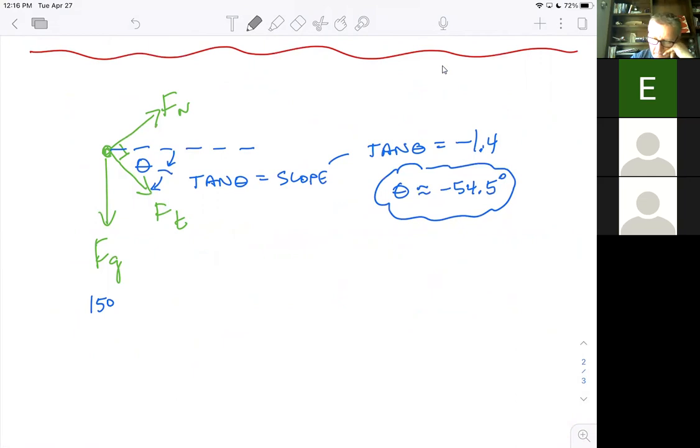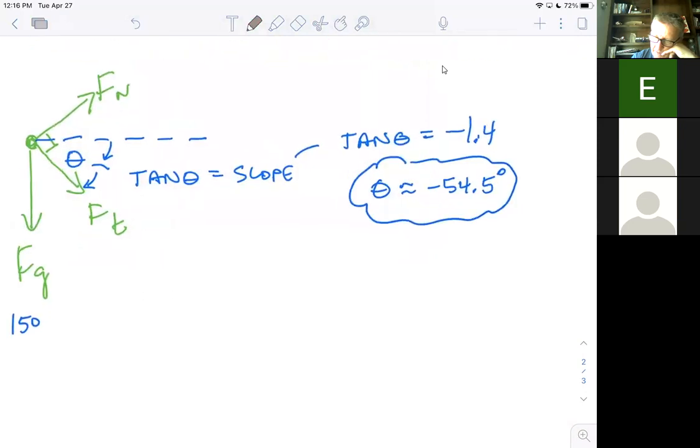I'm going to change, let's see, what would that be from 90? 35.5. That would mean this angle here is 35.5, since this angle is also 90. I think that's right. So that's 35.5.